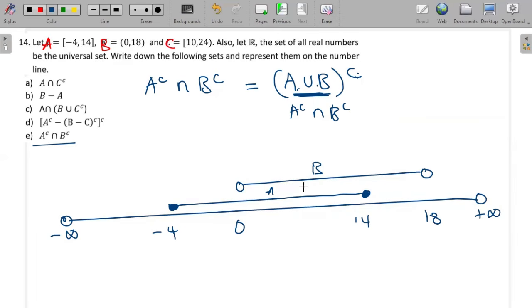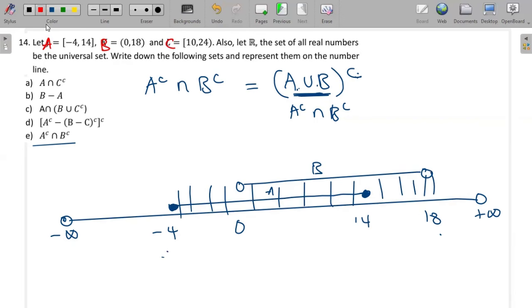So what is the union now? We are getting everything from minus 4, where the A starts, to the 18, where the B ends. But notice that minus 4 we are including, and at 18 we are not including it. So this whole thing here is my A union B.